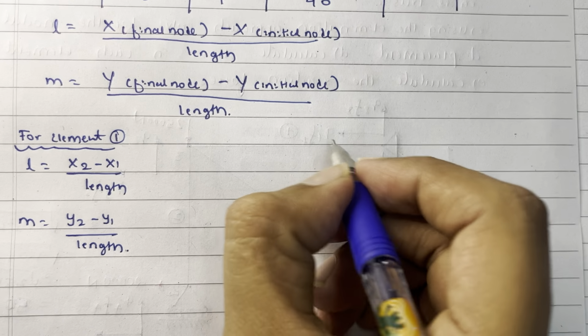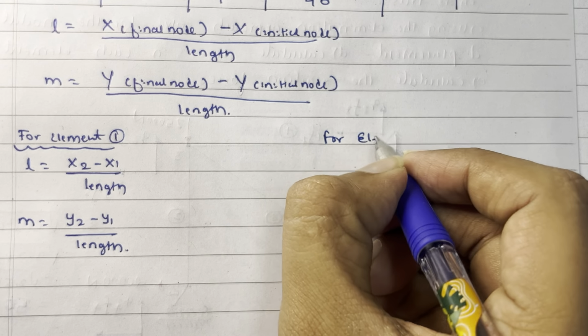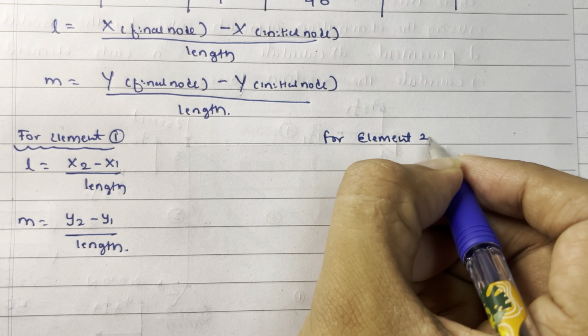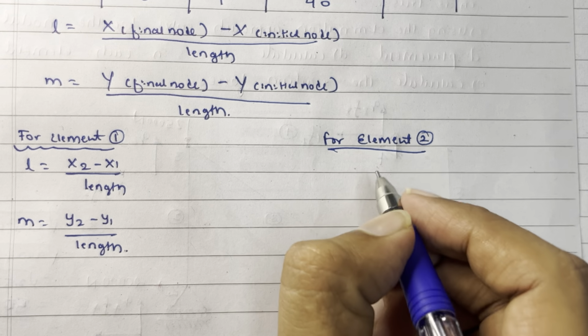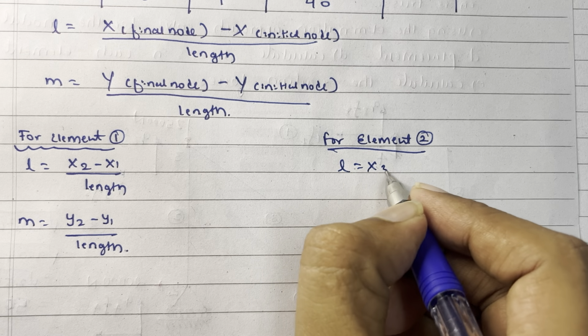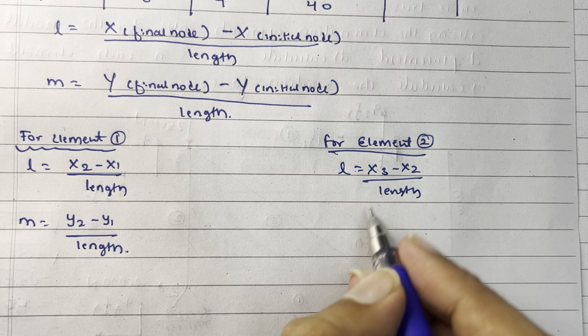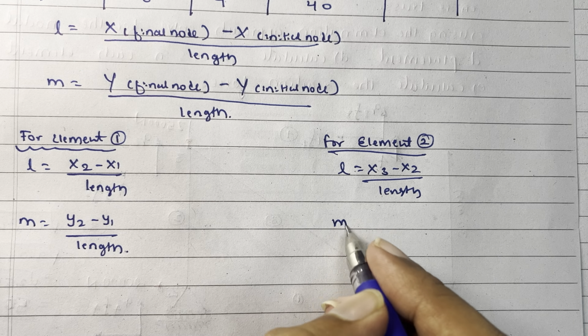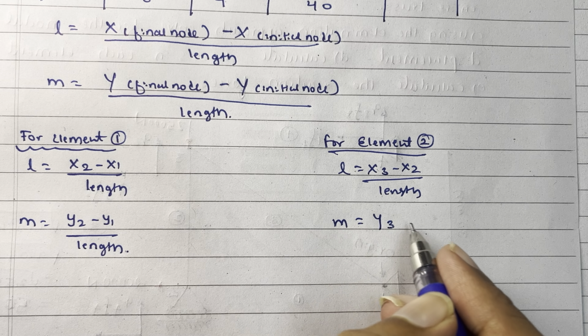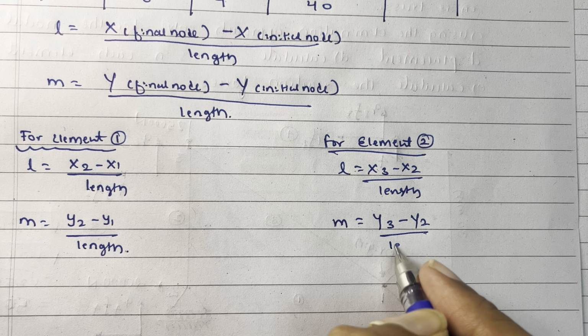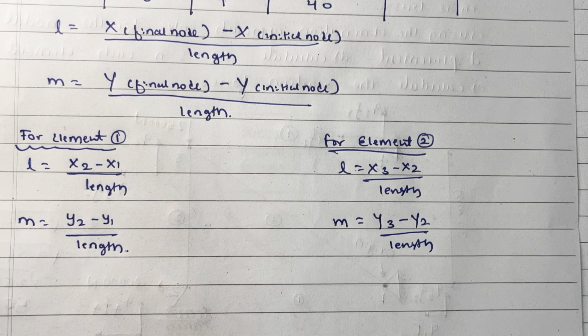Similarly for element 2, L is x3 minus x2 divided by length. M is y3 minus y2 divided by length.